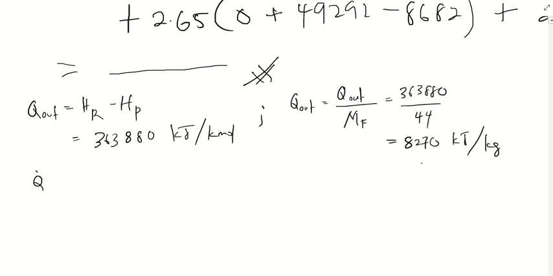Next, if you want to determine Q dot, since the mass flow rate is given as 0.05 kilogram per minute, Q dot is actually Q multiplied with m dot.